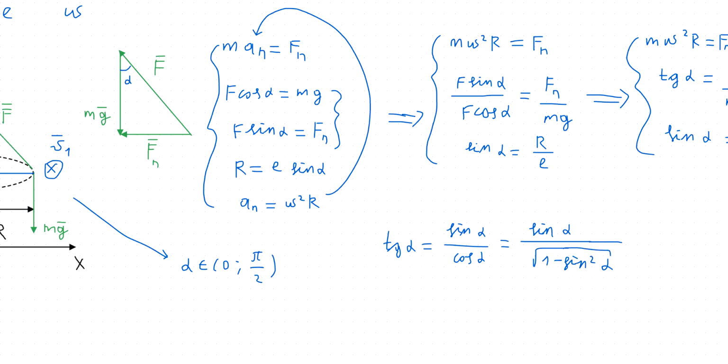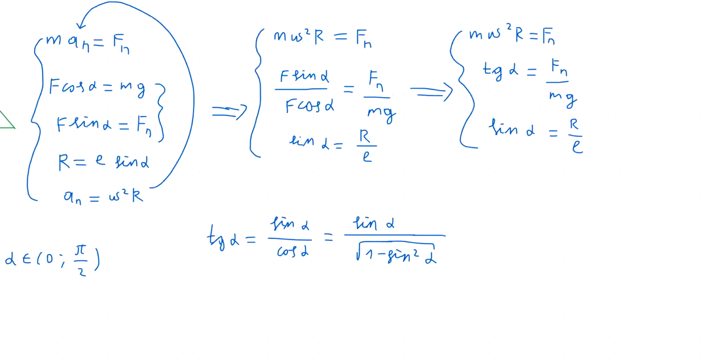And so we can use here r divided by L, over the square root of 1 minus r divided by L to the power of 2.